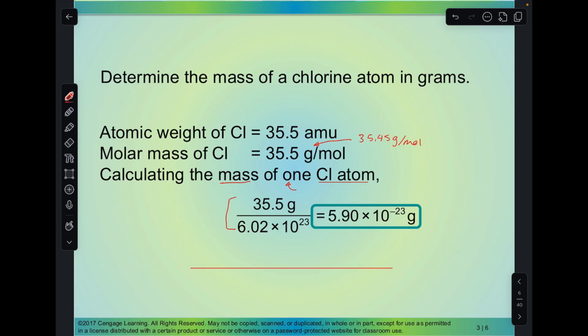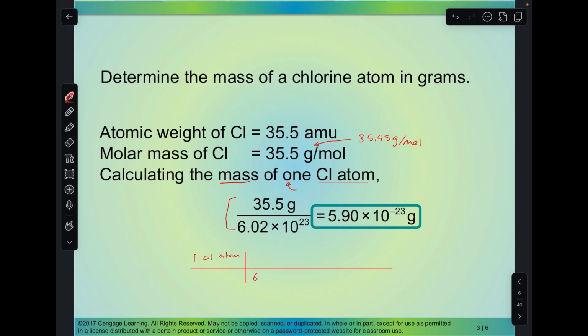So 1 chlorine atom is our starting number, so 1 Cl atom, and then we're going to use Avogadro's number. Avogadro's number is 6.02 times 10 to the 23rd things in 1 mole, and that thing could be atoms.